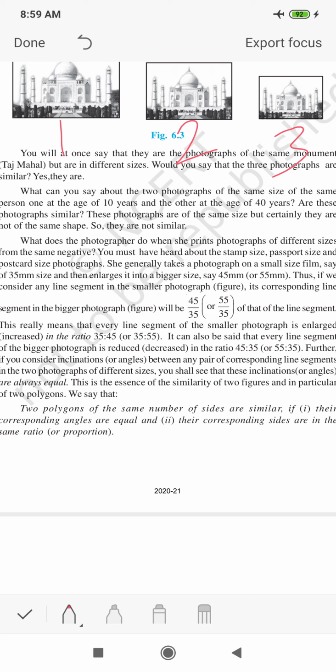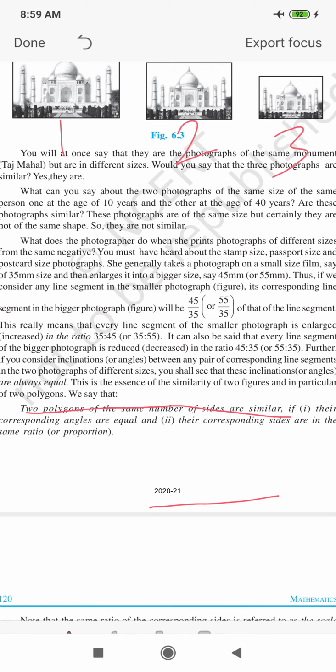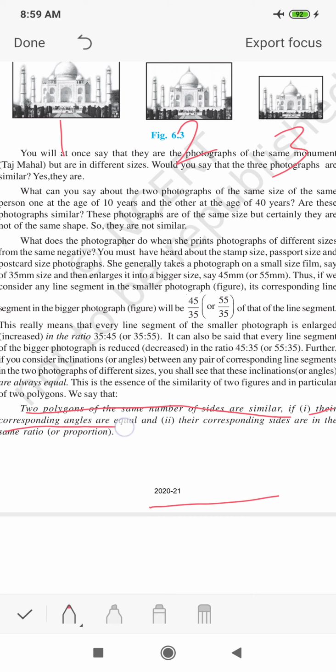Two polygons of the same number of sides are said to be similar if their corresponding angles are equal and their corresponding sides are in the same proportion.